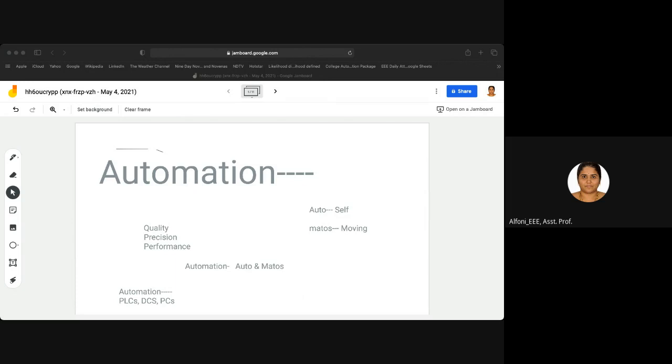So this automation can convert human-made manual operations into automatic operations done by technical devices or equipment. Those technical devices or equipment include PLCs, digital control systems, or personal computers.